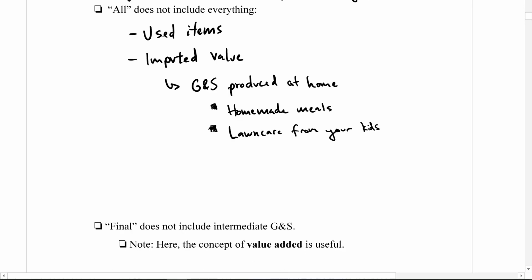And one more idea of imputed value that we'll talk about are informal markets. Okay, and this would include black markets.